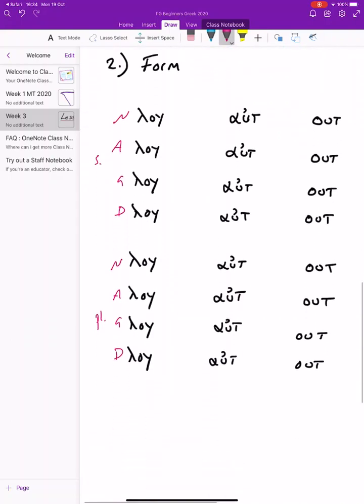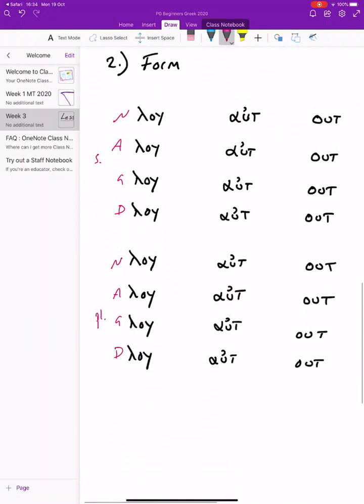What about form? I've given you here the noun, the personal pronoun, he, she, it, and then the demonstrative pronoun, this. And we'll see how these relate to each other.